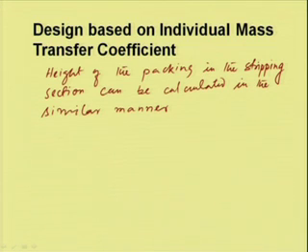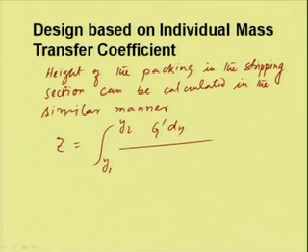So, the design equation we can write: Z will be integral y1 to y2 G dash dy divided by k y a into (1 minus y) into (y I minus y).